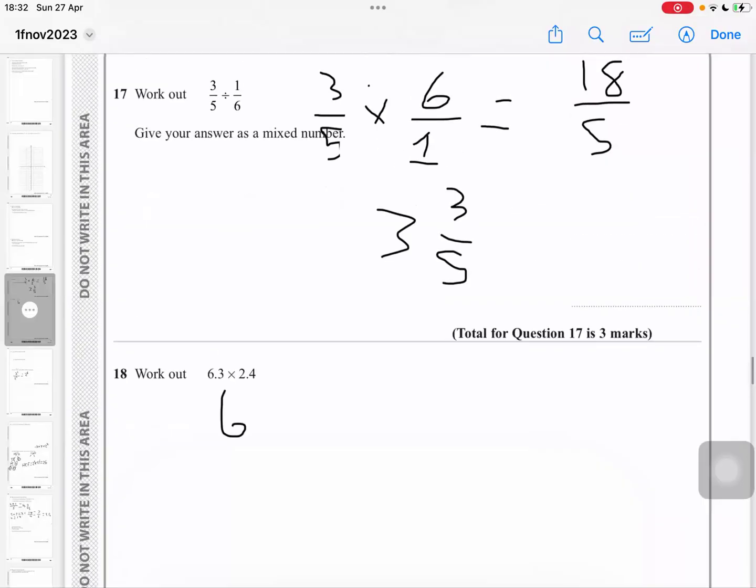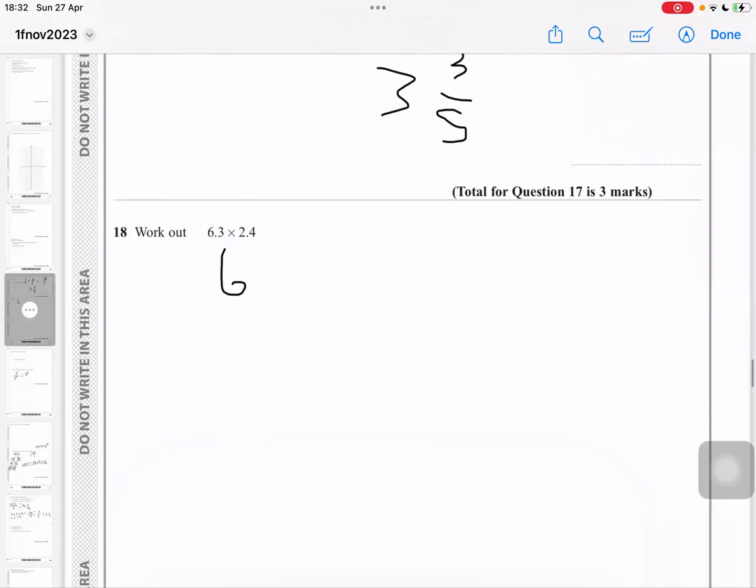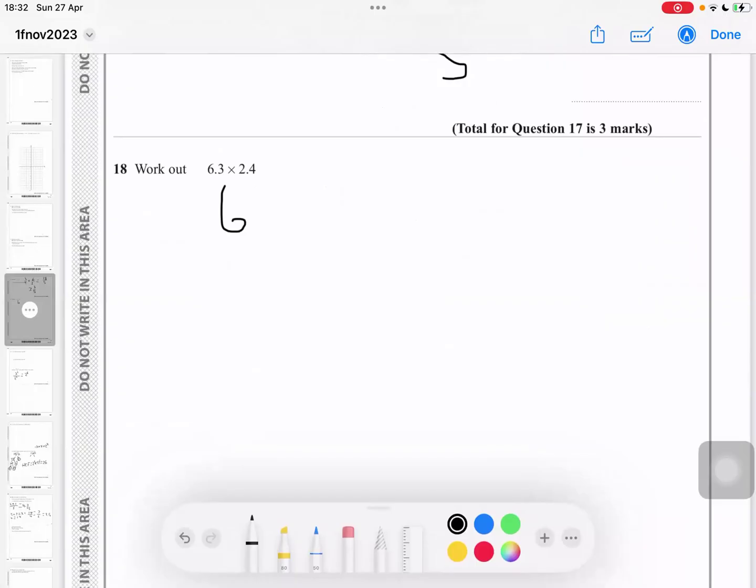Good, let's see this one. I'm sure you can do this one. Don't forget, yes, thank you, you remembered.